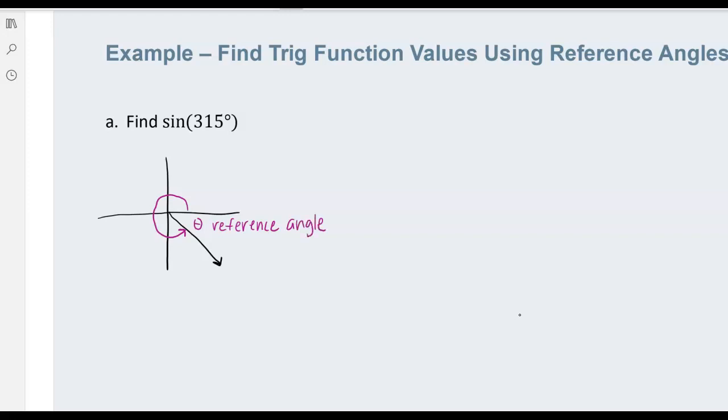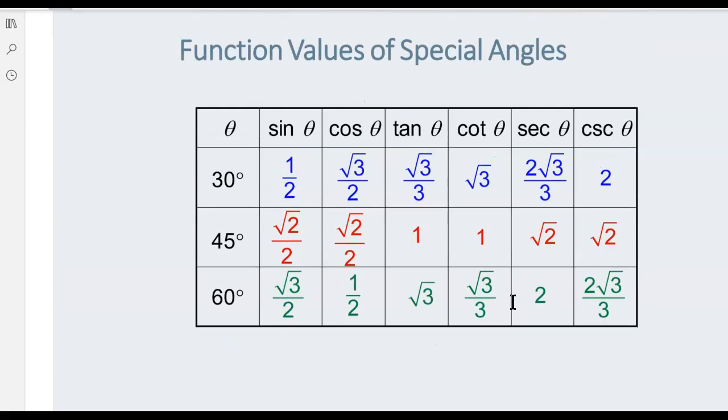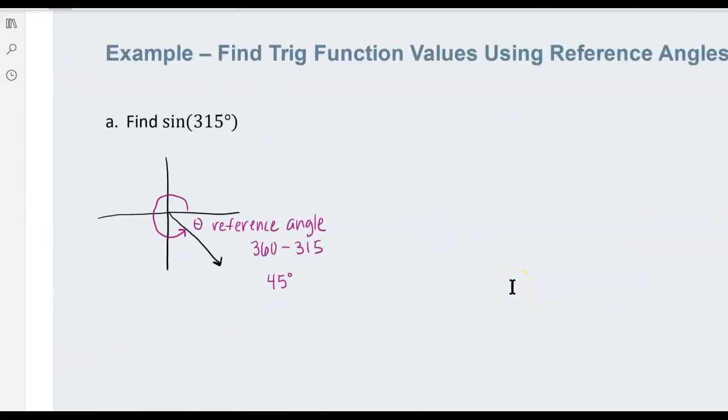So to find that, we'll do 360 minus 315, which is 45 degrees. All right. So I'm going to go back up to my chart, and I'm going to say, okay, the sine of 45 degrees is square root 2 over 2. So I know that this is going to be the square root of 2 over 2.